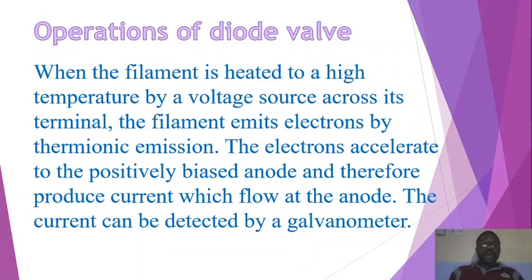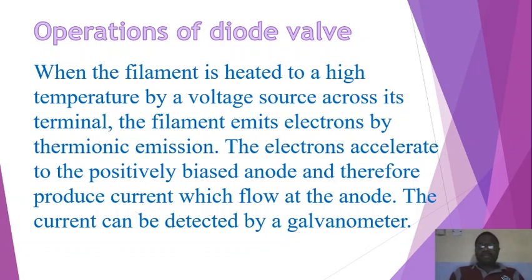When the filament is heated to a very high temperature by a voltage source across its terminals, the filament emits electrons by thermionic emission. Now the electrons accelerate to the positively biased anode and therefore produce current which will flow at the anode.